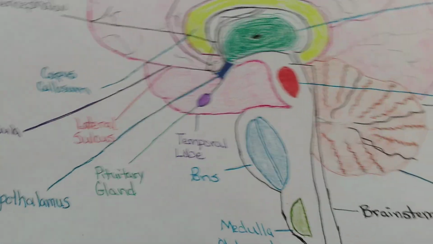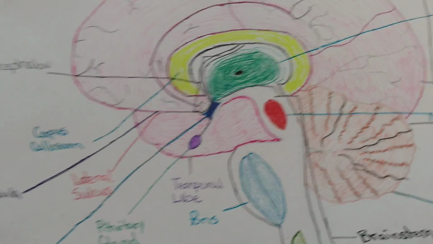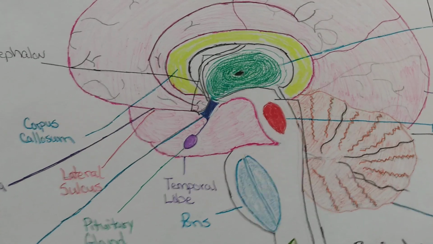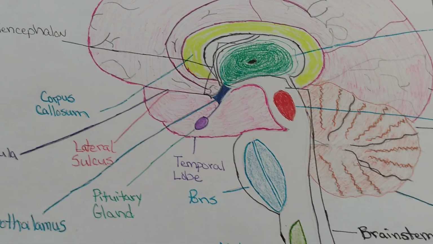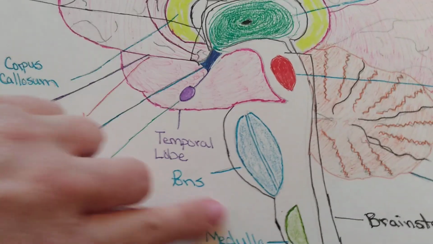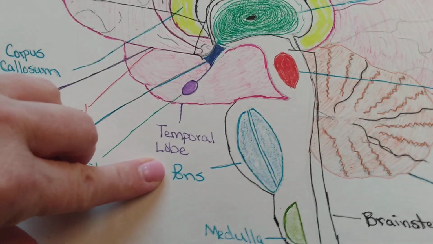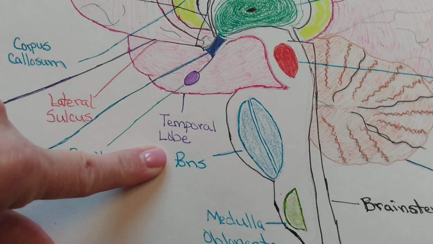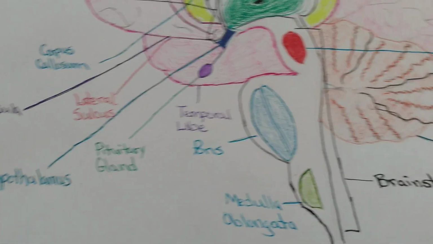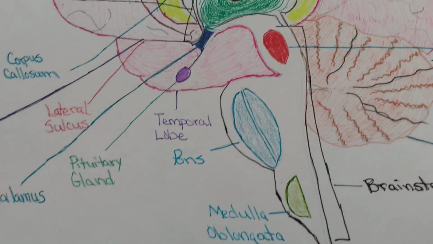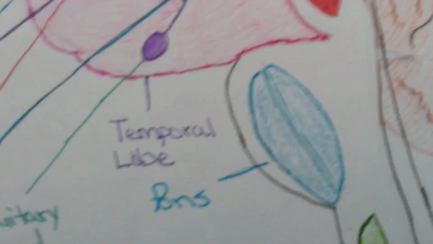The midbrain functions as a relay station between higher brain centers and the brainstem. The pons, which I have indicated here in blue, to me it almost looks like a coffee bean. But the pons contains nuclei that aid with respiration, sleep, and posture.